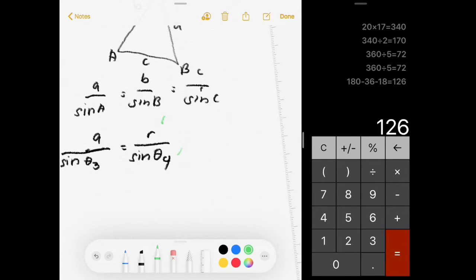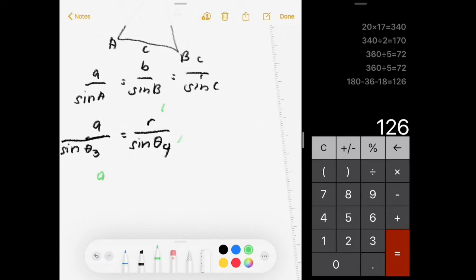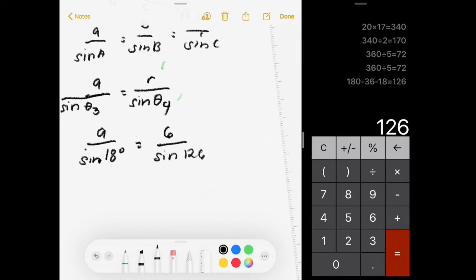So, makukuha na natin ngayon. A over sine 18 equals to 20. Ang ating R, ano yung R natin? 6. Tama ba? O, 6 nga. 6 over sine 126. So, paano natin susolve yan?